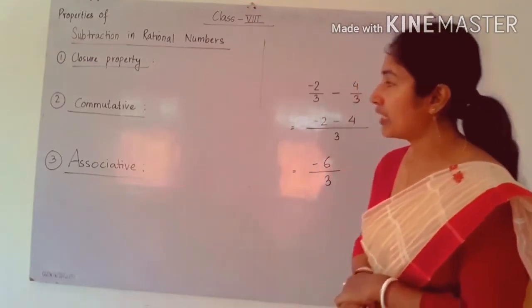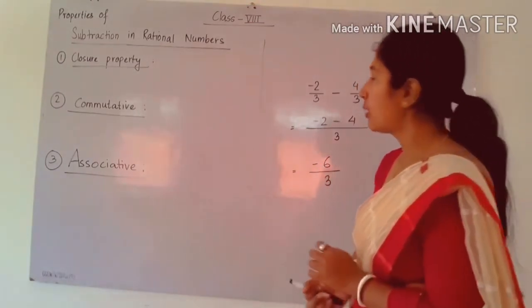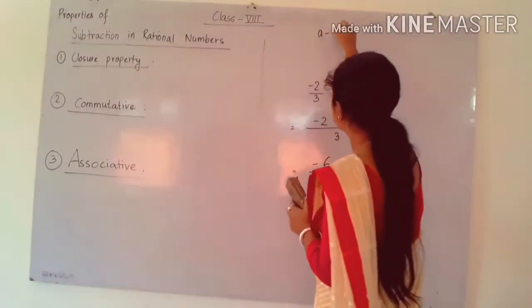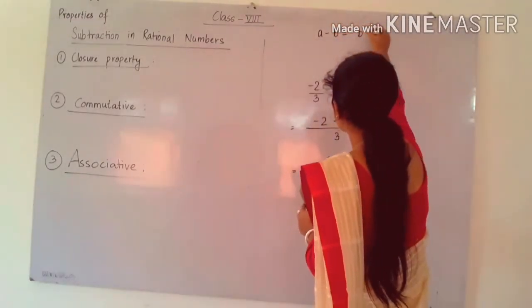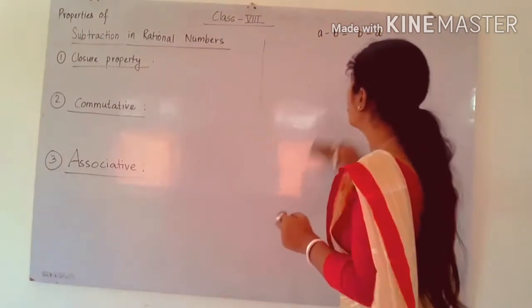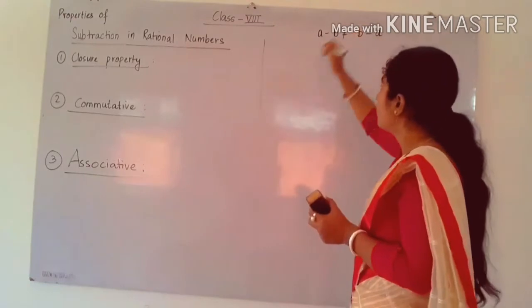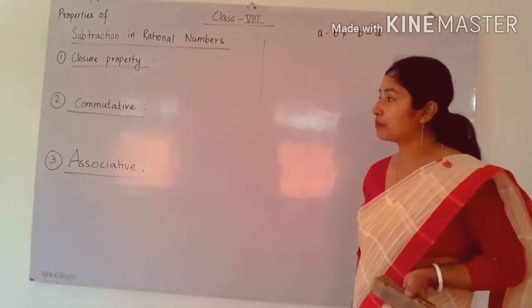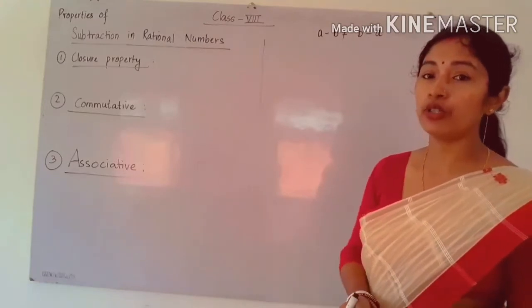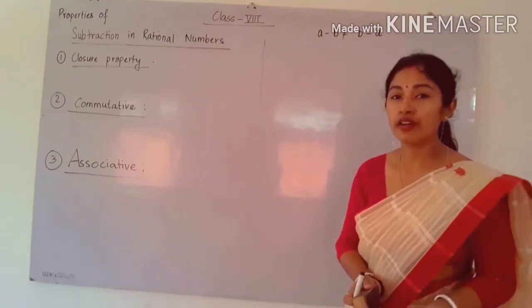So the next property is commutative property. In commutative property, we have to check whether A minus B is equal to B minus A or not. So here the answer will be no, because in case of subtraction in integers, we already know that commutative property is not satisfied.